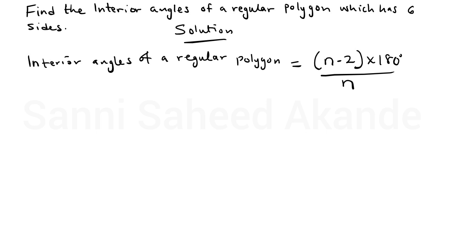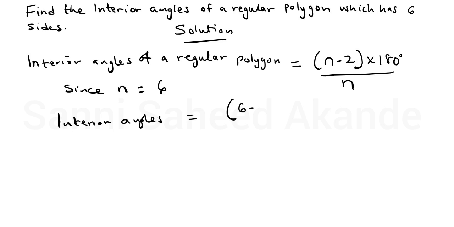Since n is equal to 6, that's the number of sides, so the interior angle will now be equal to (6 minus 2) multiplied by 180 degrees, divided by 6, the n. So when you take away 2 from 6, we'll have 4, then multiply by 180 degrees.